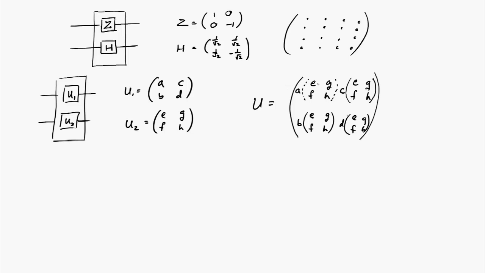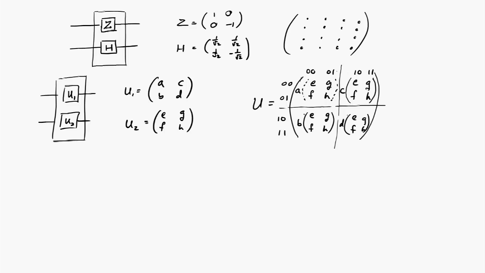Okay, so let's try to understand a little bit where this came from. Let's remember how the rows and columns are numbered. So this is 0, 0, 0, 1, 1, 0, 1, 1, and the same along the top. If you were labeling it by first bit alone, then the first bit is 0 here, 1 down here, and 0 to the left, 1 to the right. So with respect to the first bit, it's as though this is a 2 by 2 matrix.